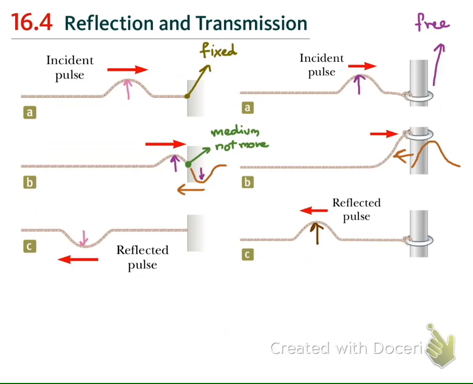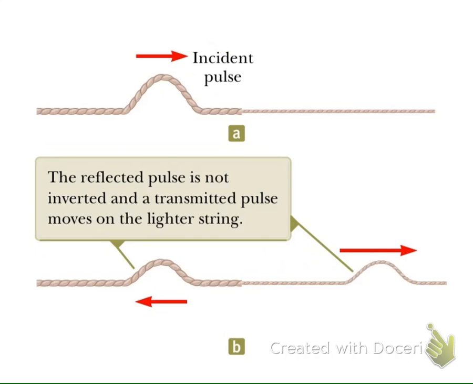The free boundary is the extreme case, that is, we assume that the medium beyond this point has zero mass, so it can move freely without inertia. But in the real situation, the linear density of the string is not zero.